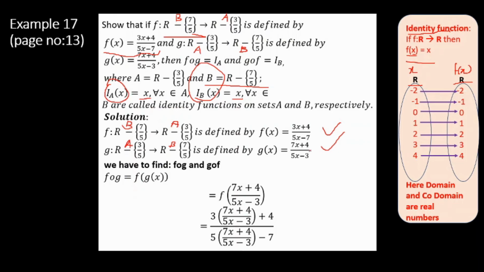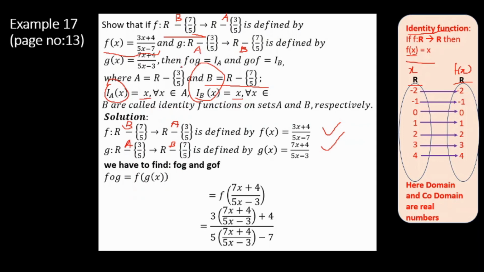And here you can write within brackets what A and B are, as it is written, where A is equal to R minus 3 by 5 and B is equal to R minus 7 by 5. Let's solve. So we have to find what?